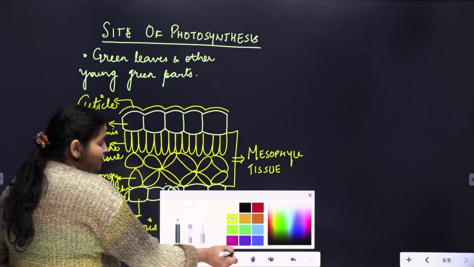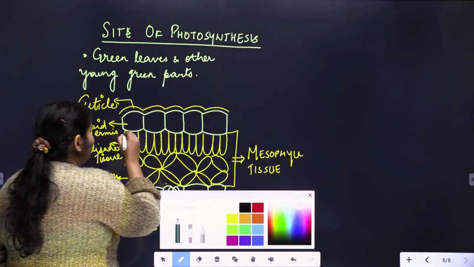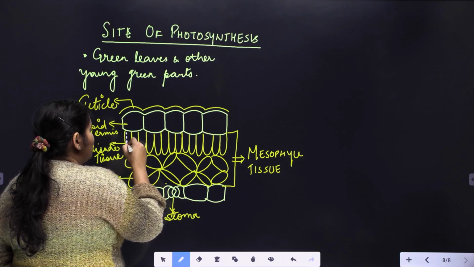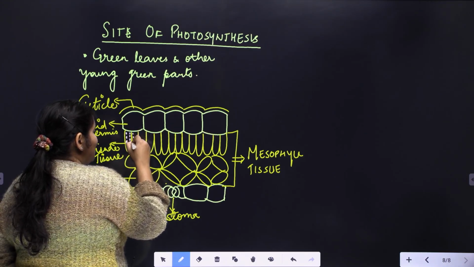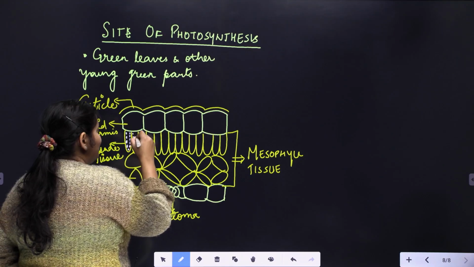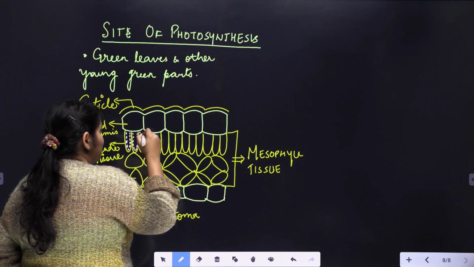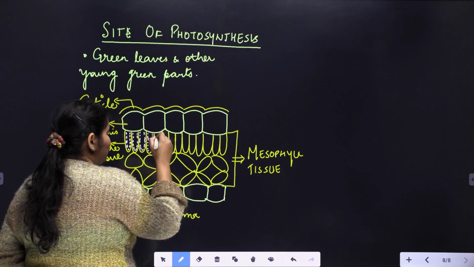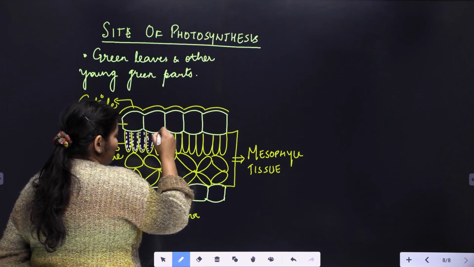Yes, they have specialized structures which are called the chloroplast, which are present on the margin of these palisade cells like this. And when they arrange themselves to absorb maximum light, this is how they are present, the chloroplast.